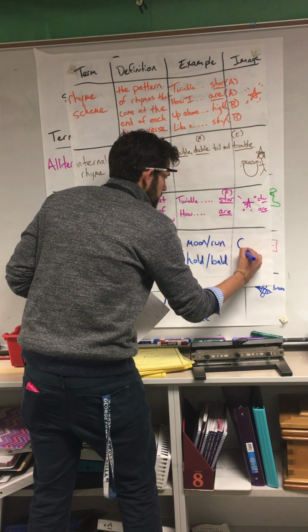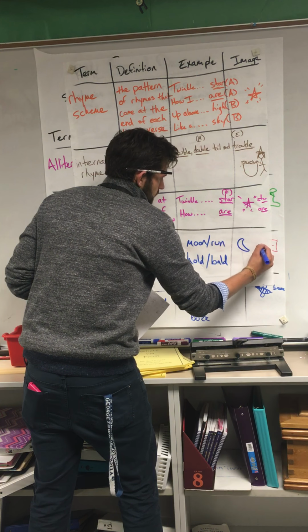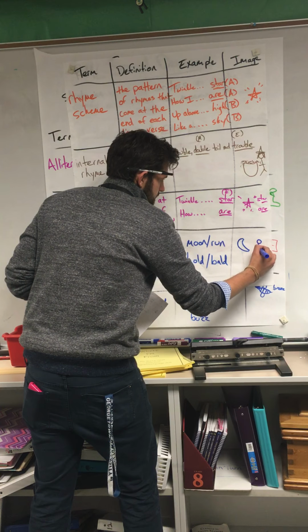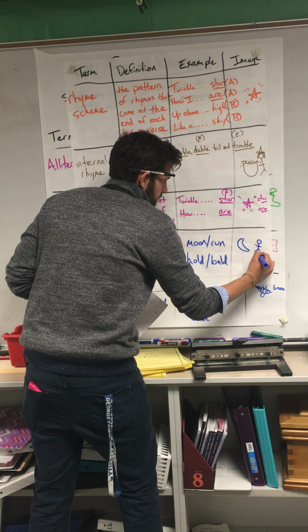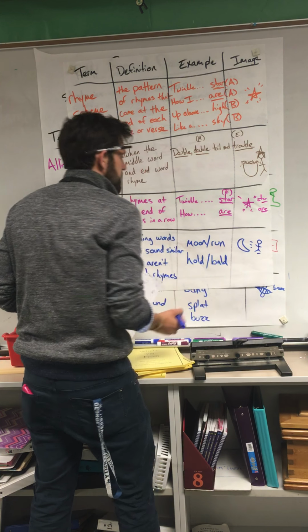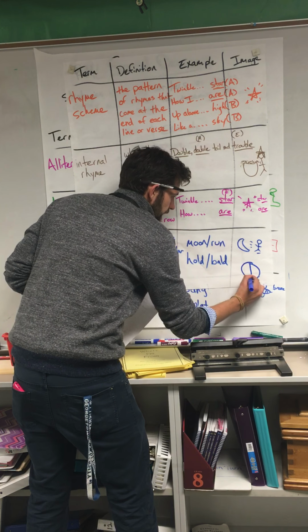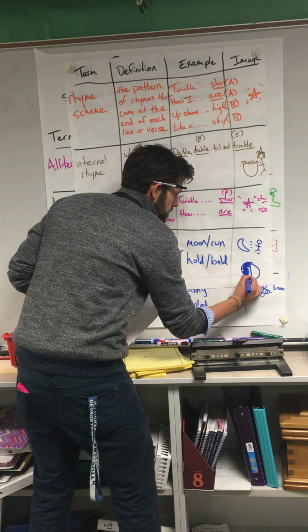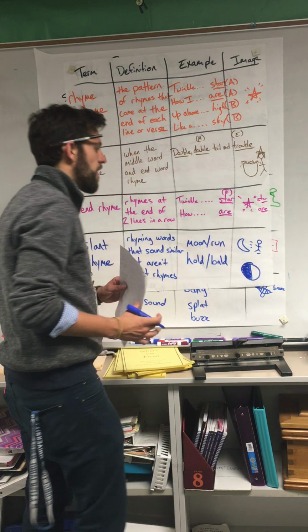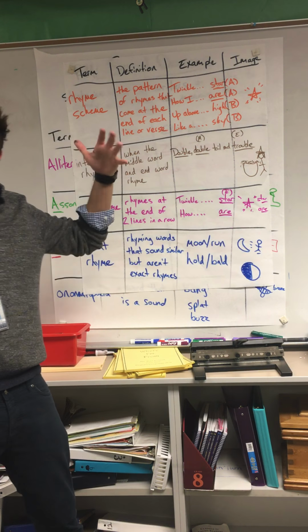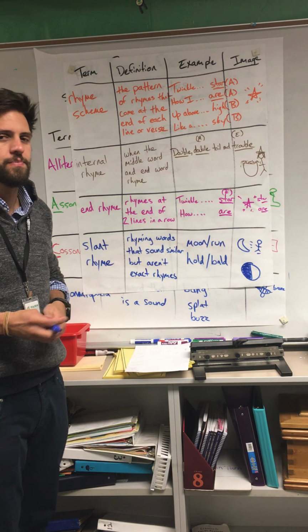So I'm going to draw a picture of the moon and a picture of someone running. Another thing I'm going to do is I'm going to draw a picture and color in half of it. Because I know a slant rhyme is a half of a rhyme. It's just not quite there.